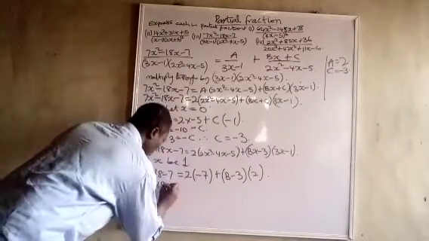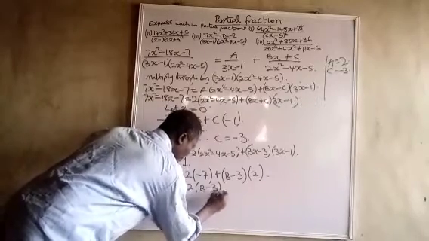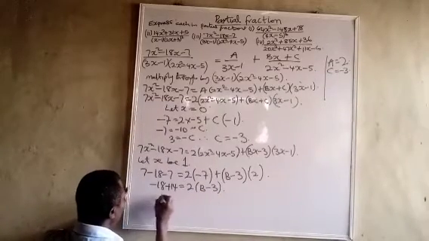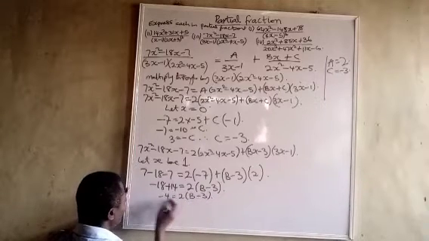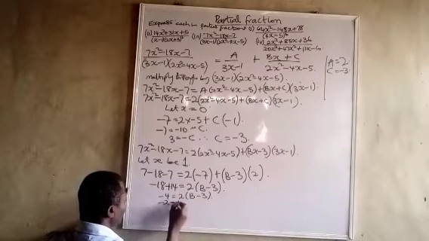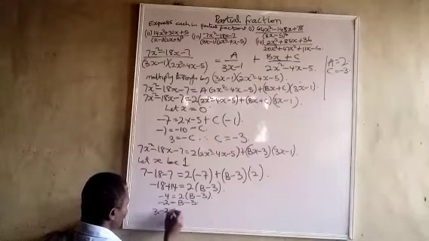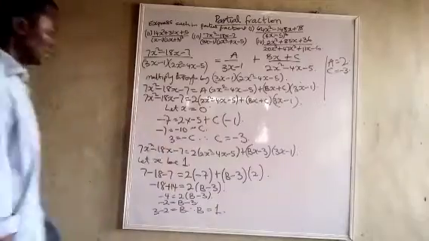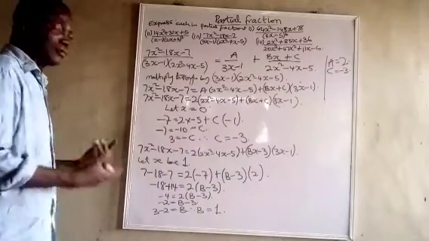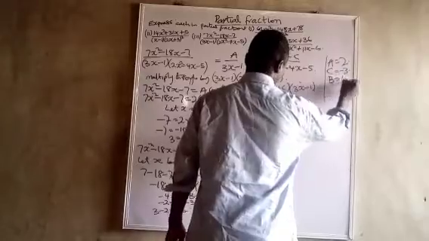So if I bring it here, it will be plus 14. It will be equal to 2 into b minus 3. Solving this, I have minus 4 equals 2 into b minus 3. Dividing through by 2, I have minus 2 equals b minus 3. So adding 3 to both sides, I have 3 minus 2 is equal to b. So b equals 1. So just look at how easy it will be for you if you work it out in that way.